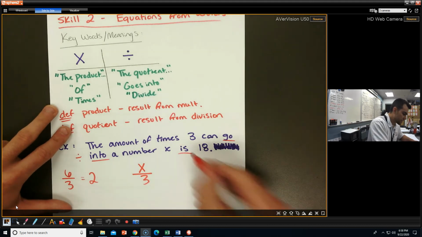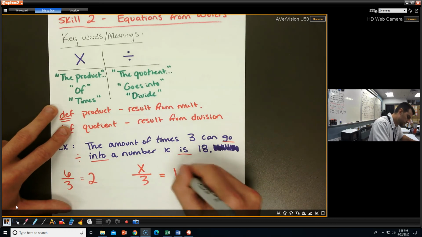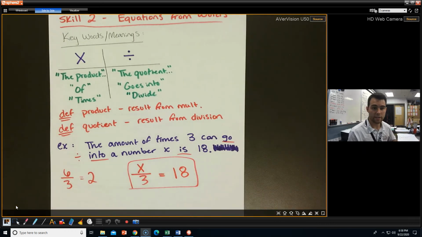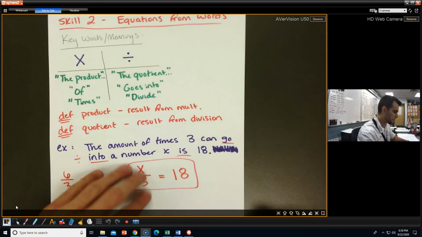And then is equals 18. There we go. So that's how you get that one. That one's kind of weird. The other ones, usually the order is fine, but this time we had to do a switcheroo. The 3 actually came on the bottom this time. So again, reason your way through that.